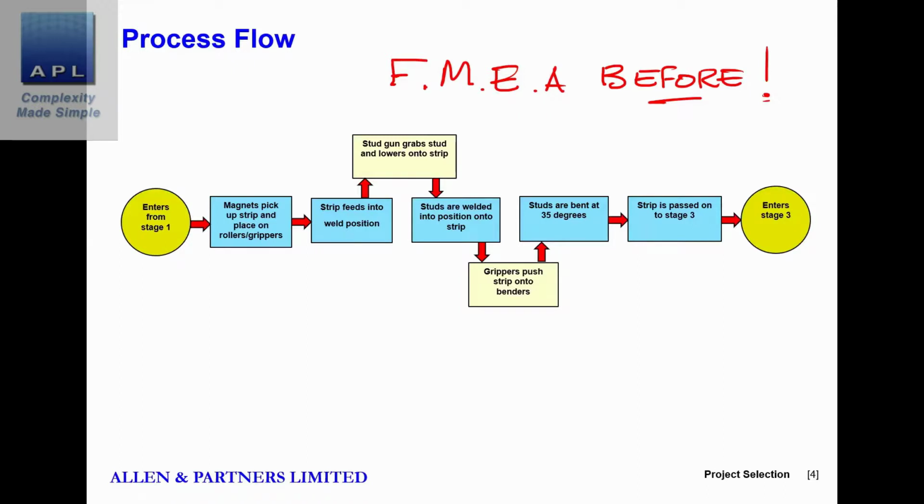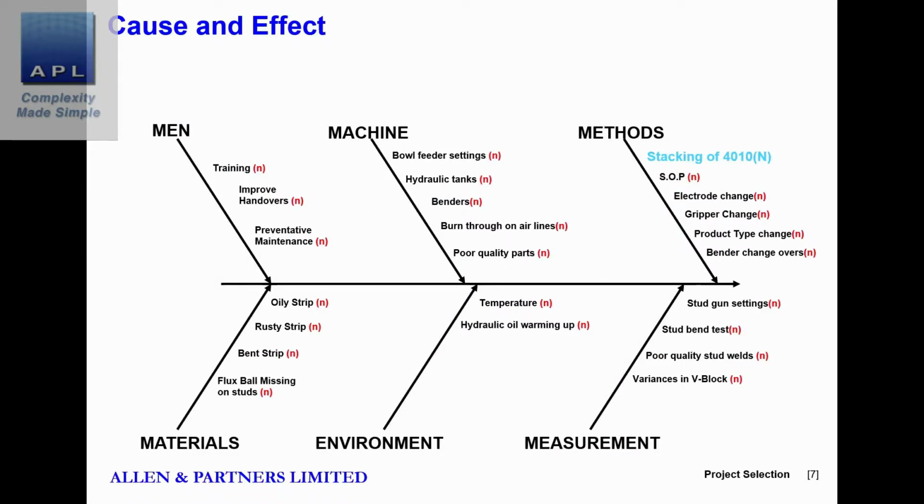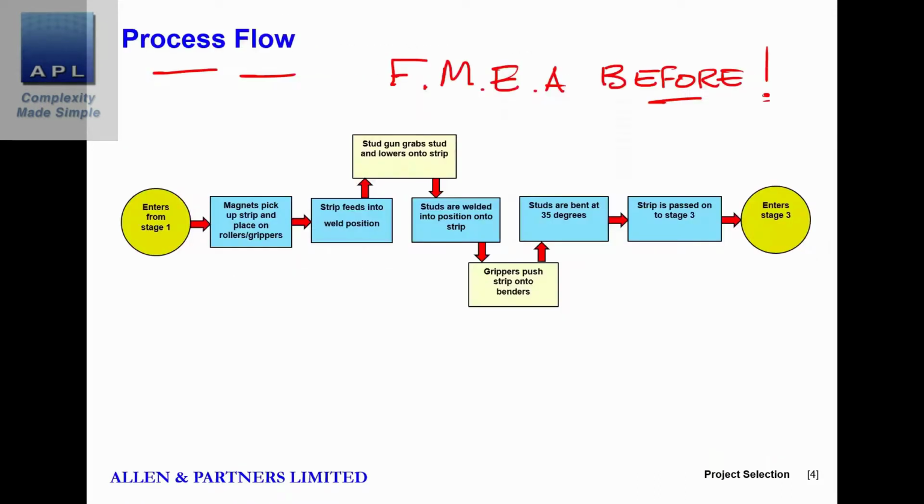When the problem gets painful enough, then of course what you do is you come back and you use process flow, and the process flow diagram is then used, and this is just describing the process there, but the process flow diagram is then used to populate the cause and effect diagram. So we're going process flow, cause and effect, because they've implemented chaos in their process. They didn't put these controls in place beforehand.